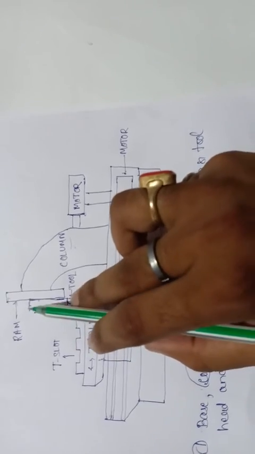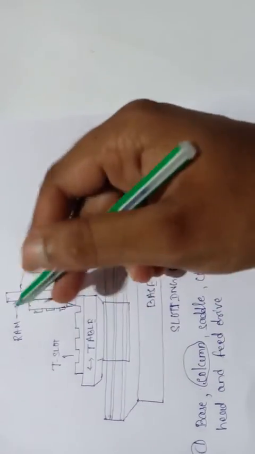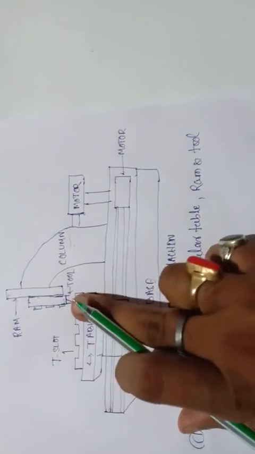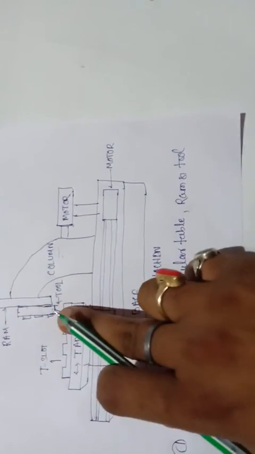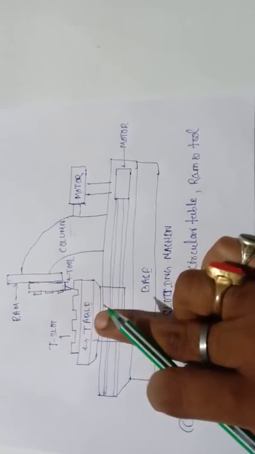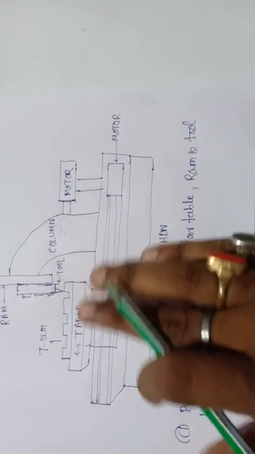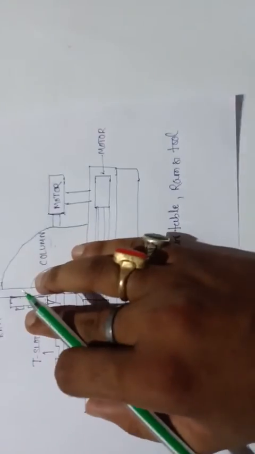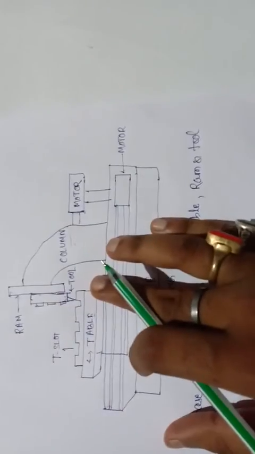During the downward motion the cutting stroke takes place, and while moving up, the return stroke, there is no cut. If we have to cut a different section, then manually we give feed to the work table as per requirement. So this is how it works.